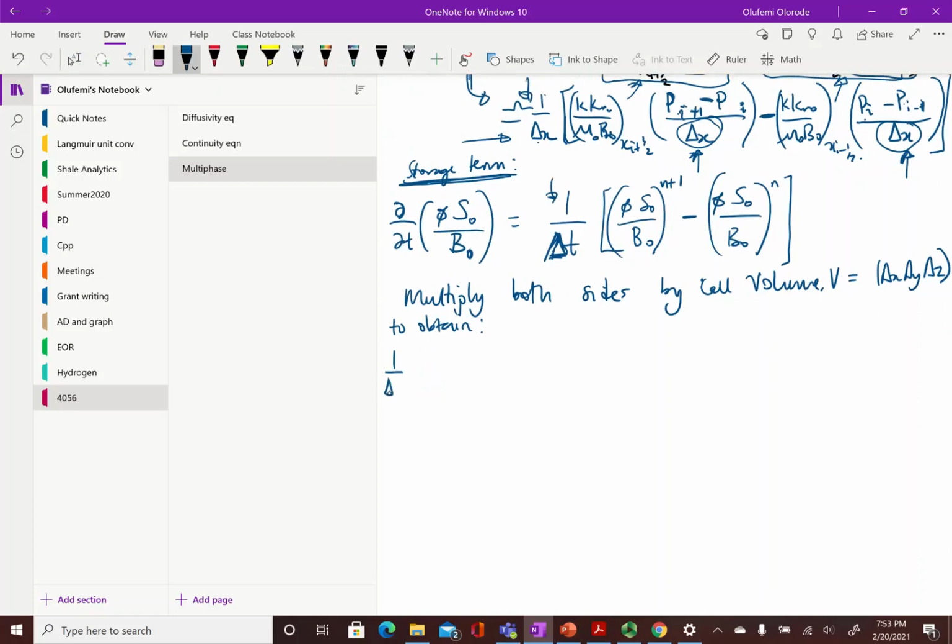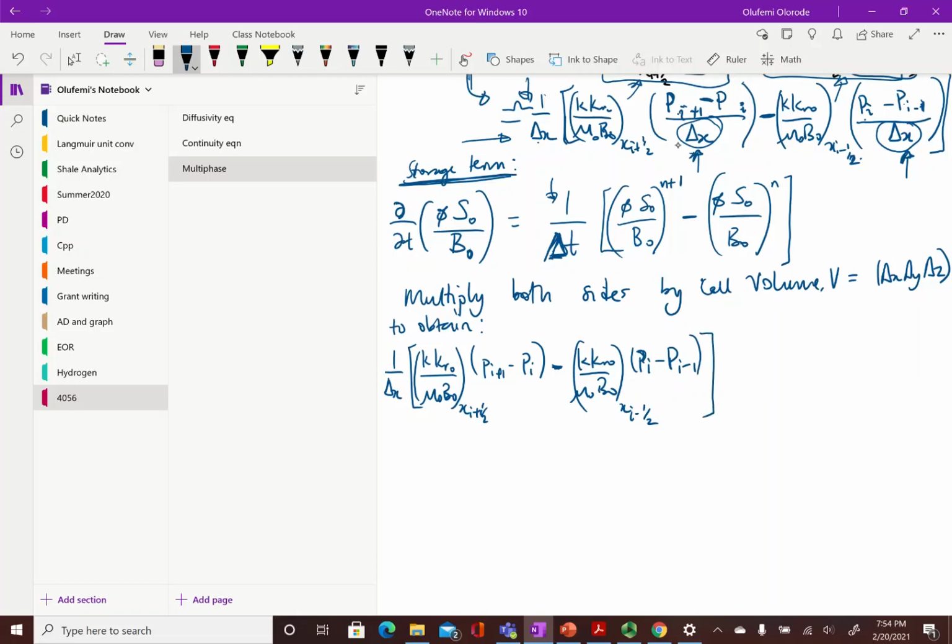So it's going to be 1 over delta X, K K_ro over mu_o B_o at i plus half, and now it's just P_i+1 minus P_i, minus K K_ro over mu_o B_o at i minus half, P_i minus P_i-1. This has gone away by multiplying by delta x, delta y, delta z.